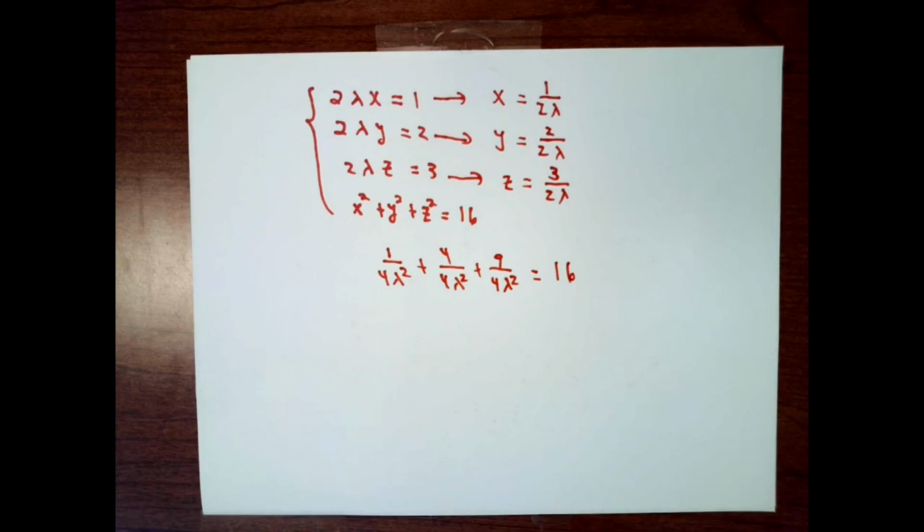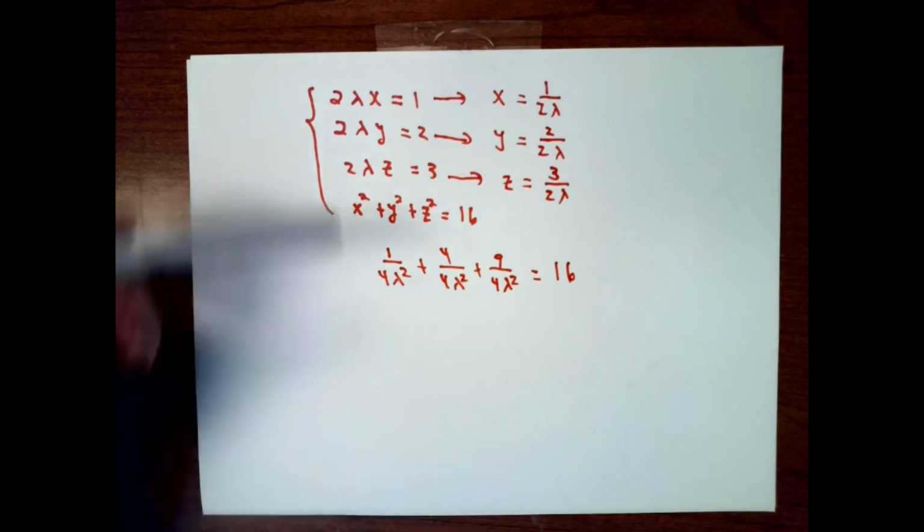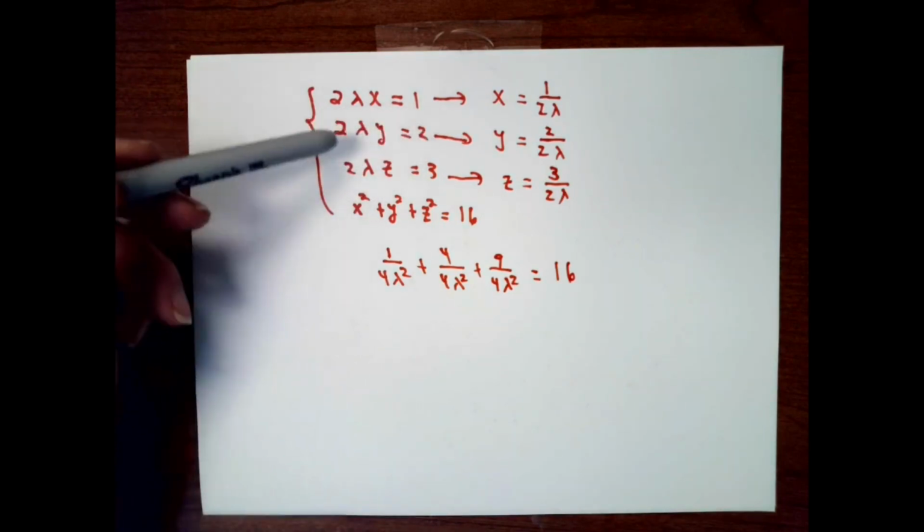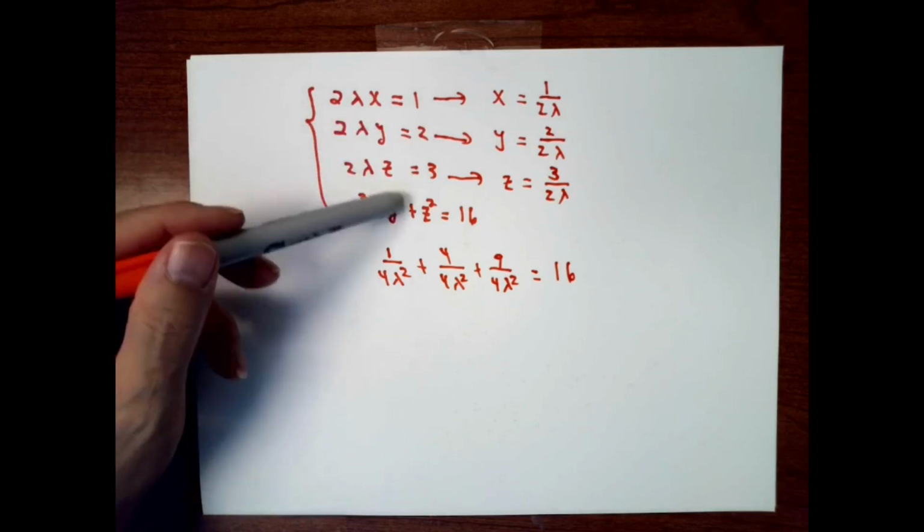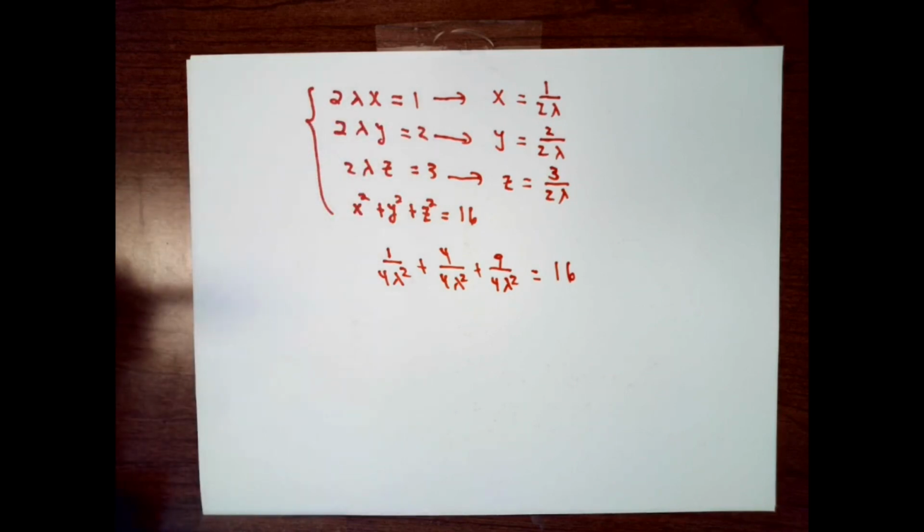X has to be 1 divided by 2 lambda, y has to be 2 divided by 2 lambda, and z has to be 3 divided by 2 lambda. I don't simplify the formula for y for reasons that will become obvious in a moment.